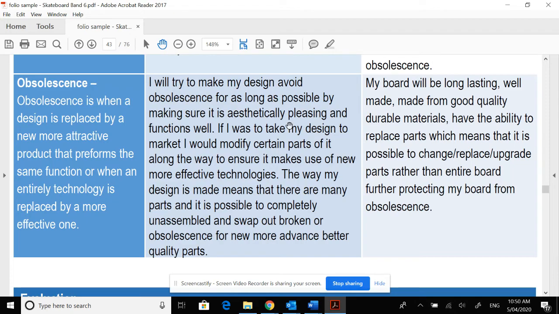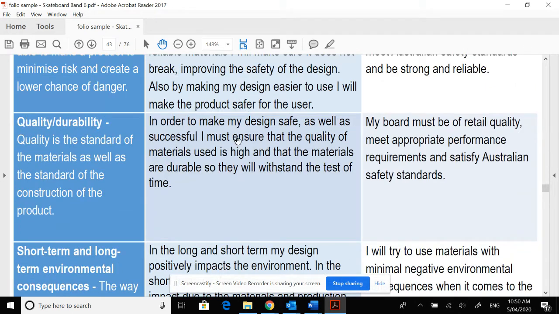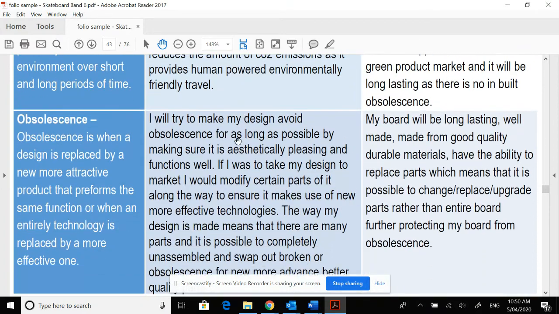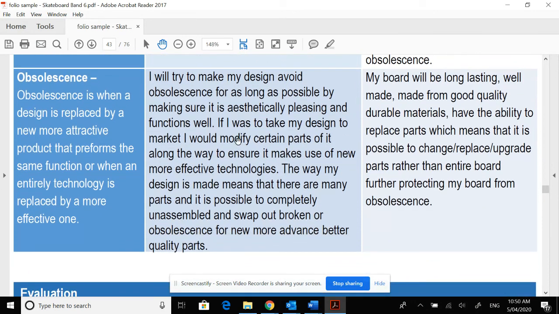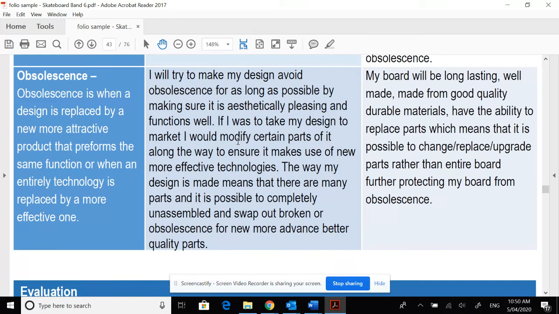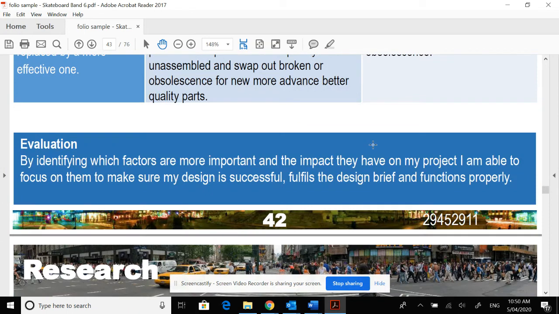But if you're just doing the right thing by the environment, you're not really building stuff to break in a couple of years. Although financially, it may be better in some cases, but that's another discussion. And of course, an evaluation at the end. So, just a couple of pages on the factors affecting design.